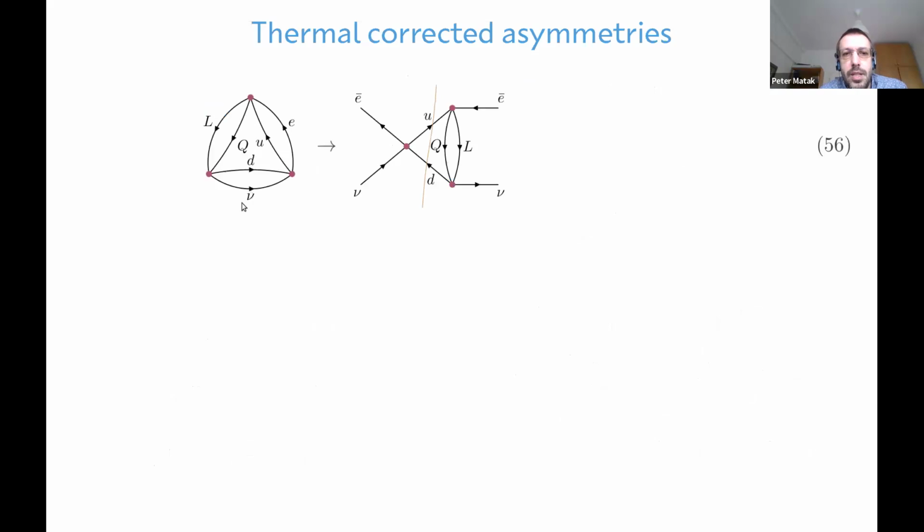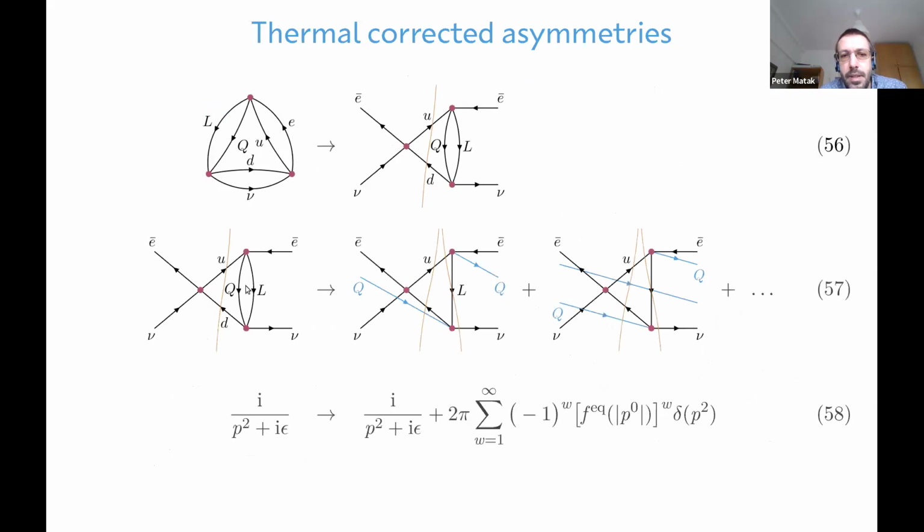Now I will cut right-handed neutrino and right-handed electron here, and it may seem hopeless because I cannot cut the loop here, but I can open the quark leg, let's say, and sum over all the winding numbers, and what I will get is the same as if I replace the zero temperature propagator by the thermal one. This you may know from thermal field theory if you have ever seen that. Okay, so now imagine that you are computing the asymmetry in the usual way. So you split the diagrams into kinematics and imaginary kinematics and imaginary couplings.